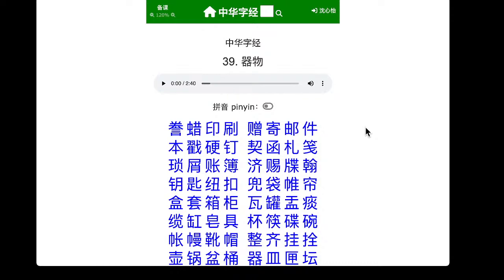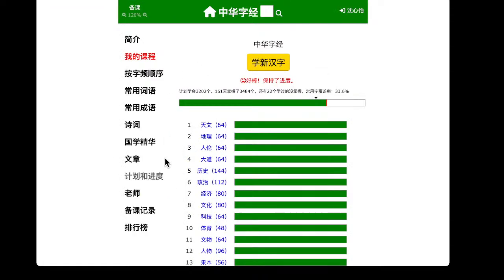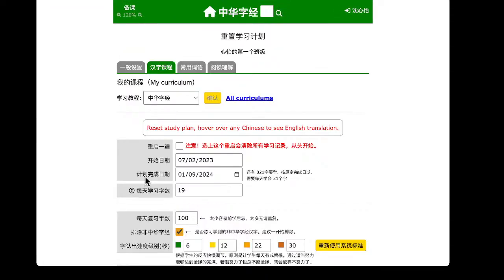So if you study at this point, my suggestion is going to your settings, go to here, and here's the plan. Then you see there's 中华字经, so you want to change this to 最常用的4000字, the most commonly used 4,000 characters, and then you click 确认, confirm.